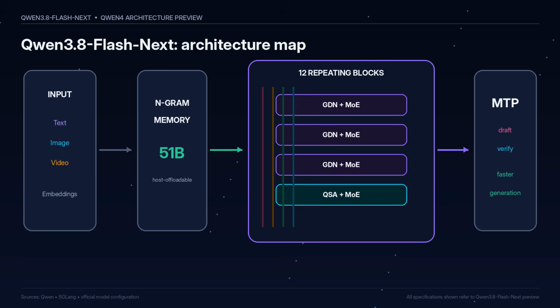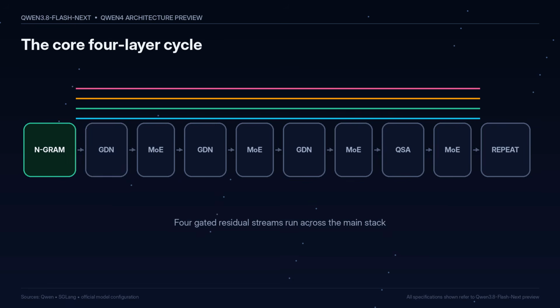Then 1 Qwen sparse attention layer followed by mixture of experts. That 4-layer pattern repeats 12 times. Running across all of those layers aren't 1 but 4 gated residual streams. On top of this is the multi-token prediction system for speculative decoding. And visual information enters through its own vision encoder before being mapped into the language model representation.